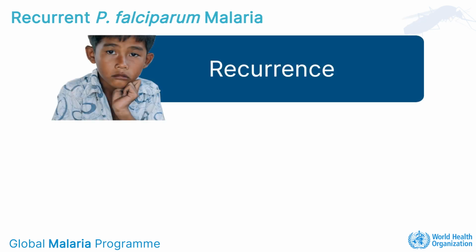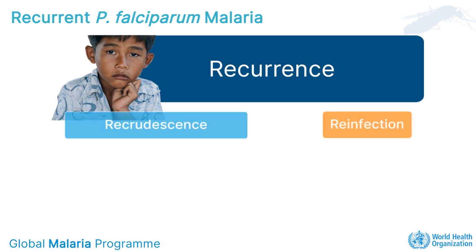At times, patients who have recently received treatment for malaria can return to the health facility with a recurrent illness from falciparum. The recurrence can be due to either a reinfection or a recrudescence. It can be very challenging to determine the difference between these two. A reinfection is a new infection, genetically distinct from the first infection.